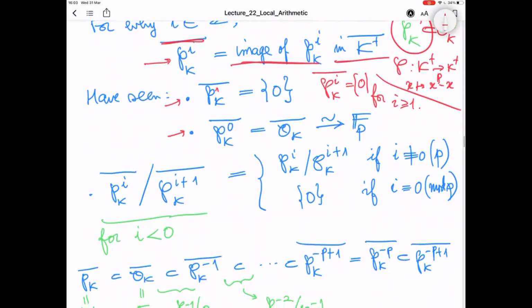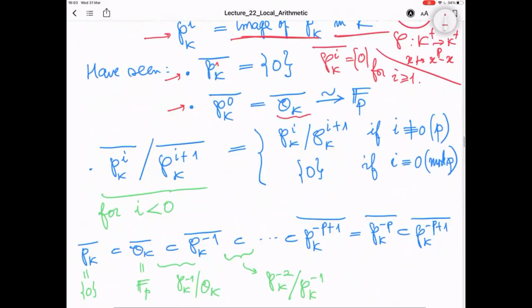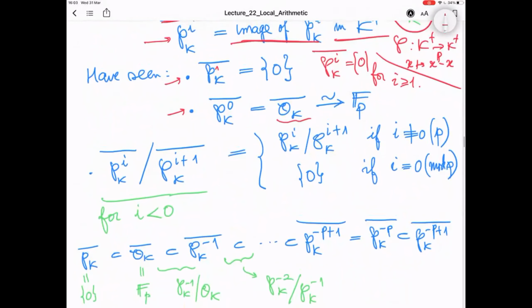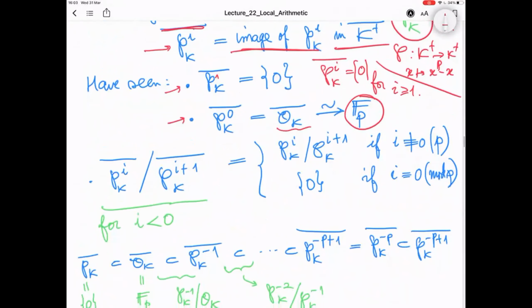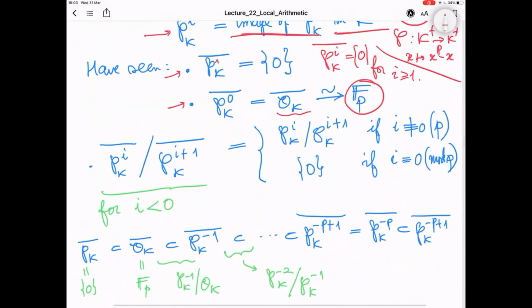When i is 0, this P_K^0 is the same as the ring of integers O_K. And we had seen that the image of the ring of integers is isomorphic to Fp. Not only is it cyclic of order P, it has a natural generator.